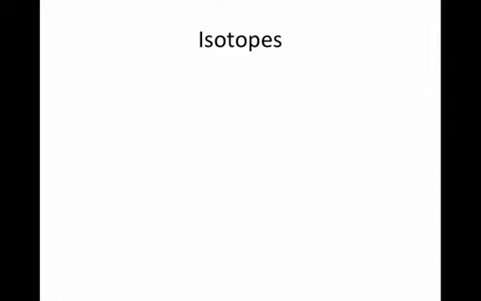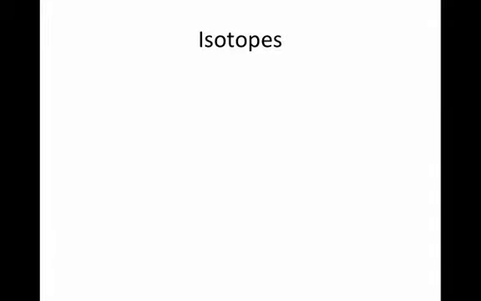Let's talk about isotopes. We've already learned that a mass spectrometer will separate a chemically pure sample according to mass. Those different masses came from different numbers of neutrons, so those different streams in the mass spectrometer are different isotopes.